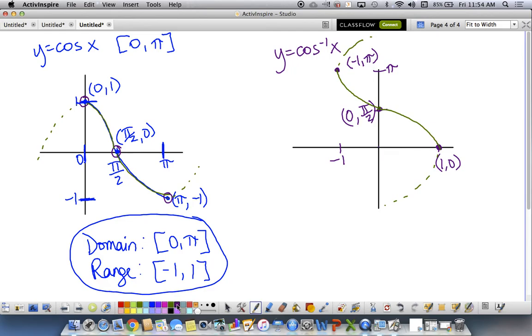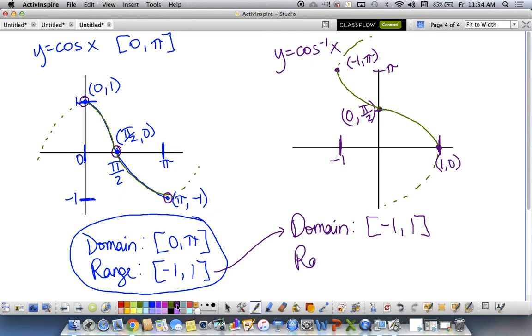Now, what about the inverse function? What is the domain of our inverse function? Meaning, x's, where do we start? Where do we end? Or we can look at the original range will be the inverse's domain. So it's from -1 to 1.